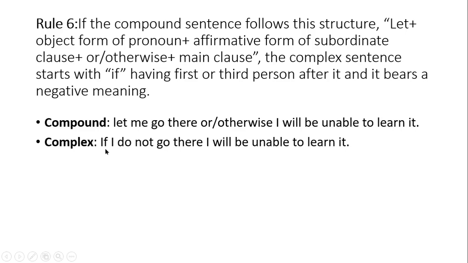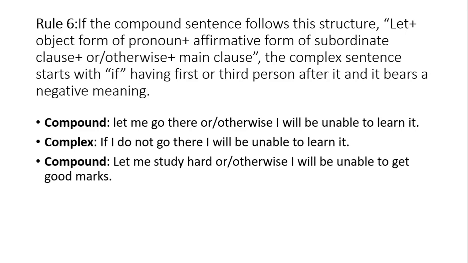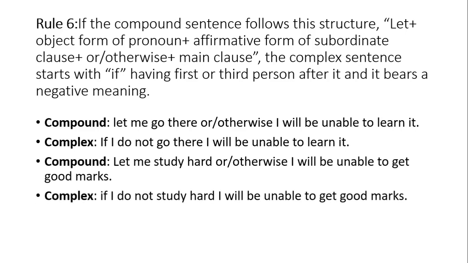If I do not go there, I will be unable to learn it. So here we have used the subject I and auxiliary verb do not go there. Let me study hard, or otherwise I will be unable to get good marks. If I do not study hard, I will be unable to get good marks.